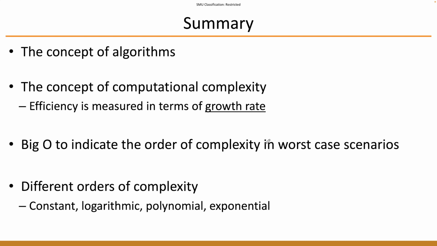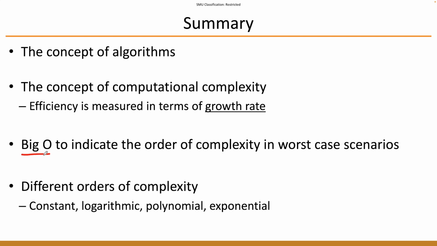And we say that we care about the long-term growth rate. When n becomes very, very large, what is the estimated performance? That is the true complexity analysis that we are interested in. And we have a formal notation that allows us, in a very clean and very clear manner, to represent which particular class of the problem this algorithm falls into, right?